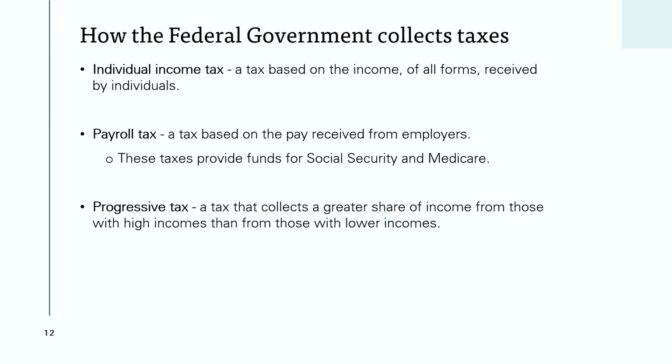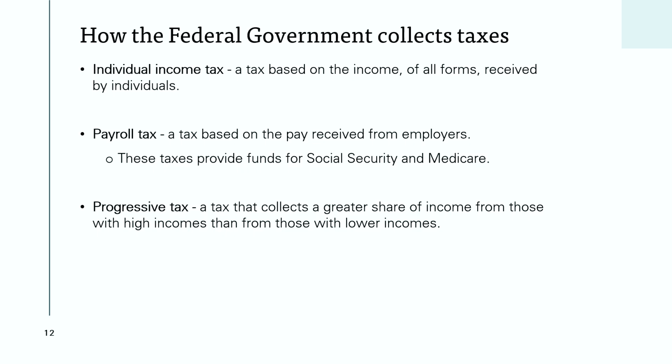Did you know the federal government relies on income taxes and payroll taxes? Income taxes are collected from households and businesses, while payroll taxes fund Social Security and Medicare. Additional revenue comes from corporate taxes, excise taxes on goods like gasoline and cigarettes, customs duties and fees.